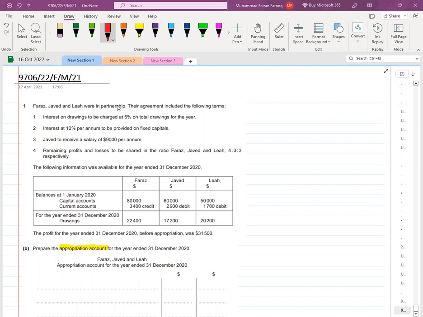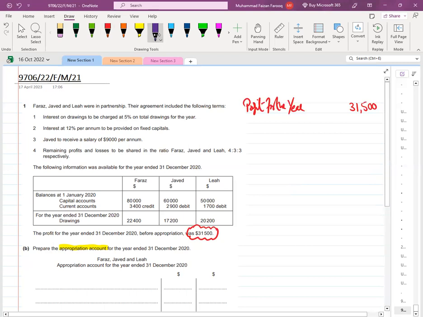The format starts from profit for the year, and profit for the year will always be given. If it asks directly for appropriation, it can be given. Otherwise, it will ask you to make an income statement and calculate profit, then only you can do the appropriation. You must have profit or loss before you start the appropriation.